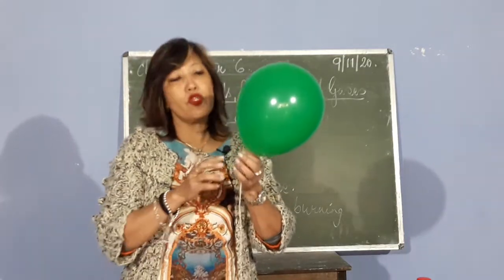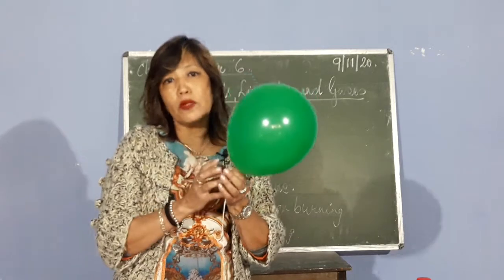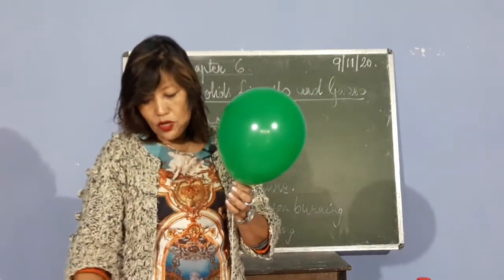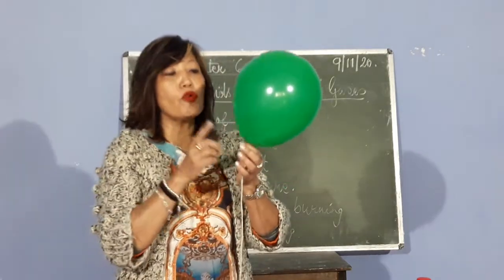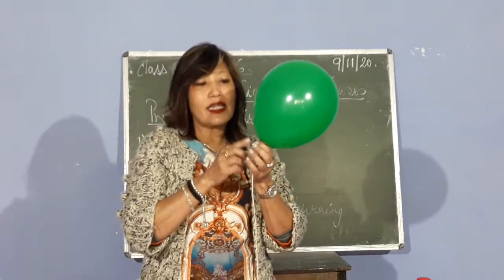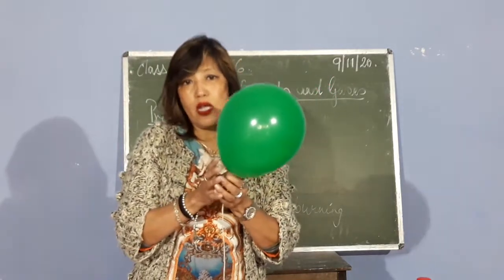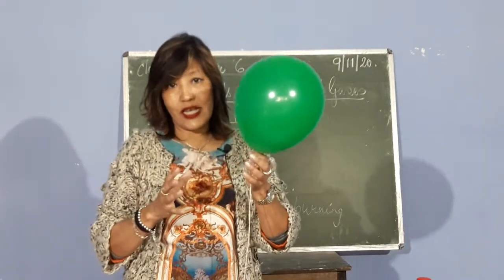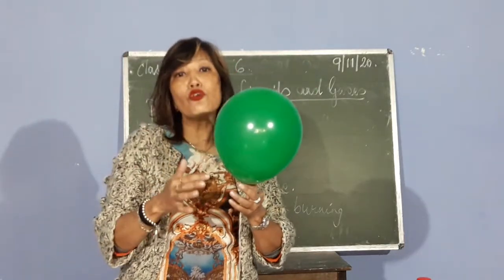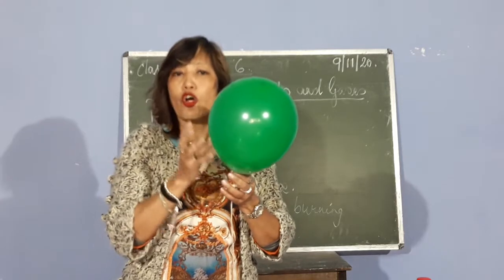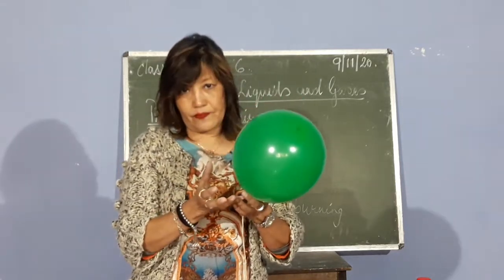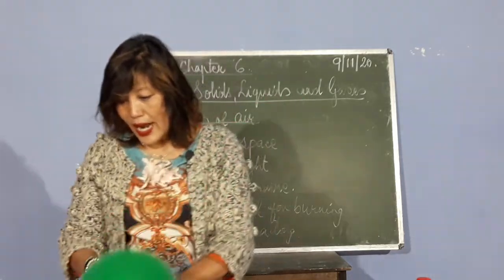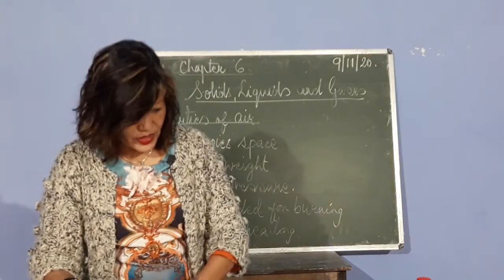What happens when you blow the balloon with air? The air will enter the balloon, and the balloon will increase in size. And this proves that air occupies space. Is that clear?